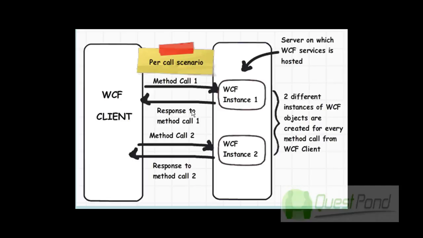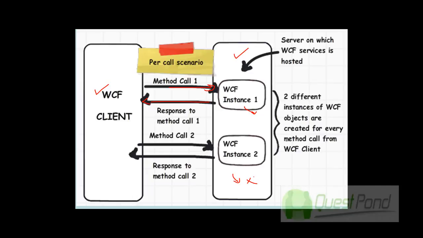Now what happens when you configure your WCF service as per call? Here's your WCF client and here's your WCF server. Let's say the client makes the first call, which we'll term method call 1. A WCF instance is created, a response is sent to the WCF client, and then this instance is destroyed. Now when the same client, or maybe any other client, makes another method call, again one more instance is created for that method call, a response is sent, and this instance is again deleted from memory.